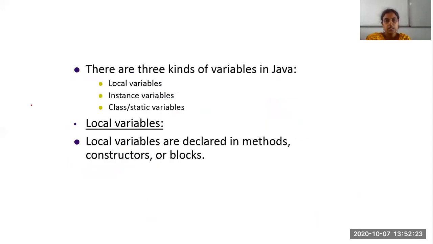In Java, this is one of the important questions: the different types of variables. Variables can be of three types: local variable, instance variable, and class variable. Any variable which I declare within a method, a constructor, or a block of statements, I call a local variable.